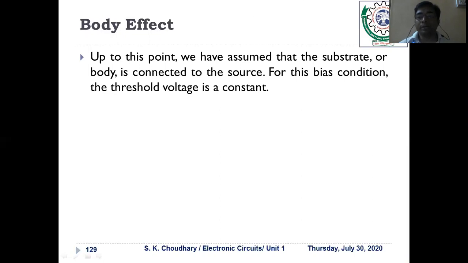So up to this point, during the discussion and derivation of the MOSFET circuits, we have assumed that the substrate or the body is connected to the source terminal. And for this bias condition, the threshold voltage is a constant quantity.